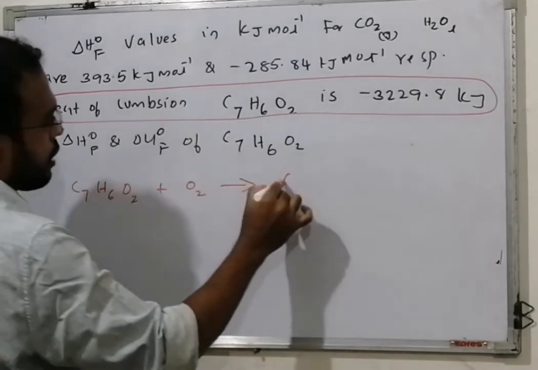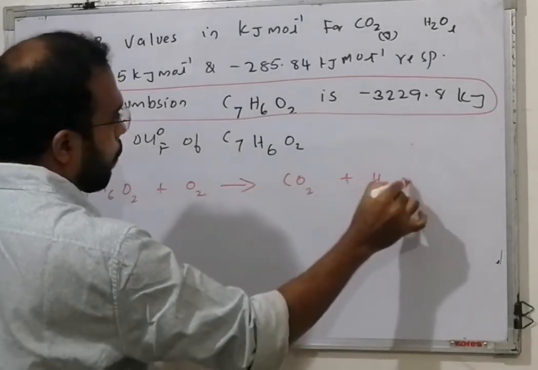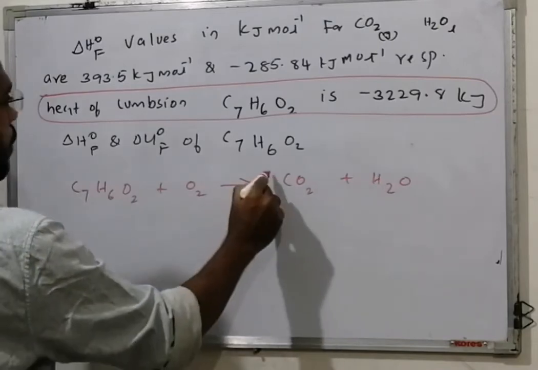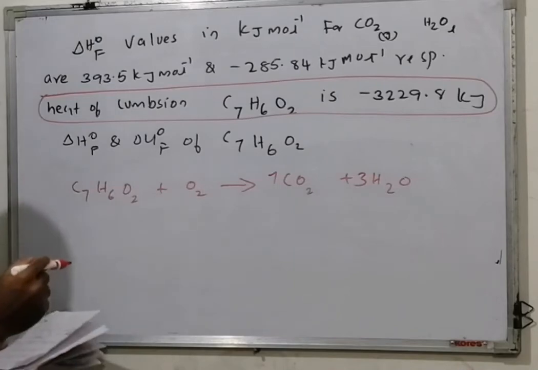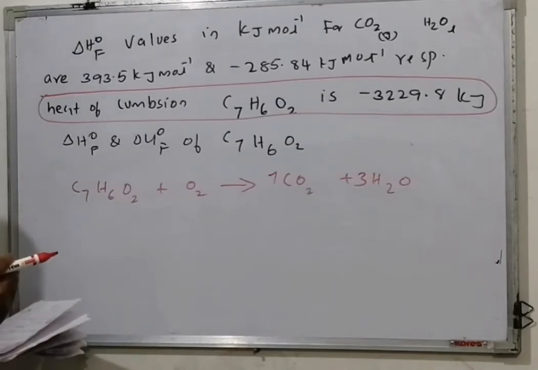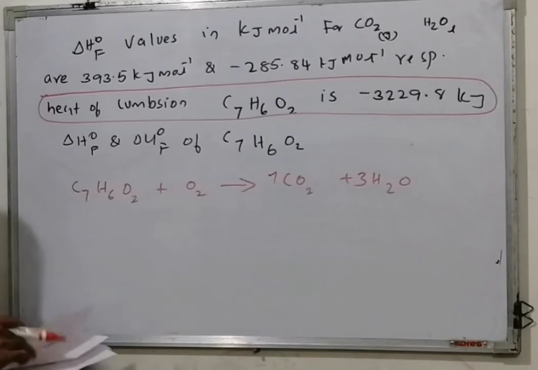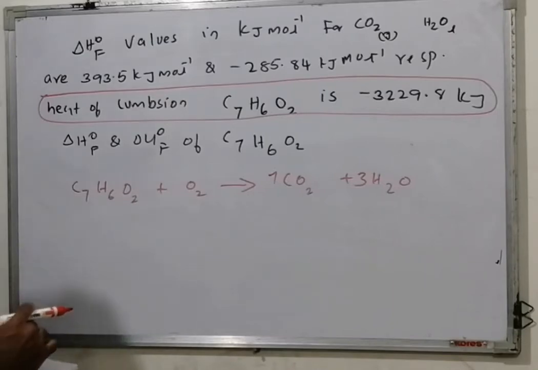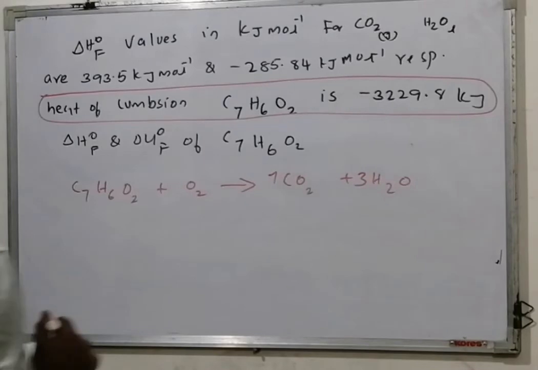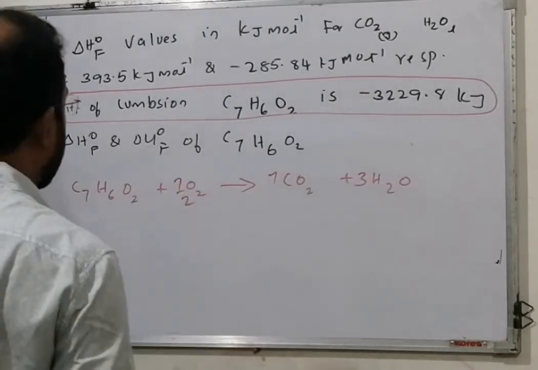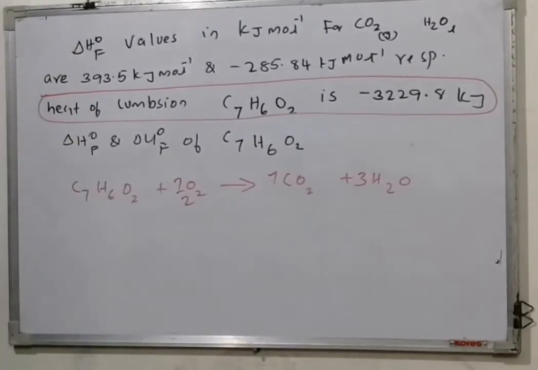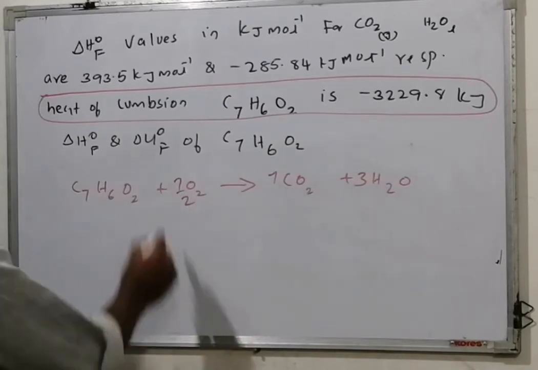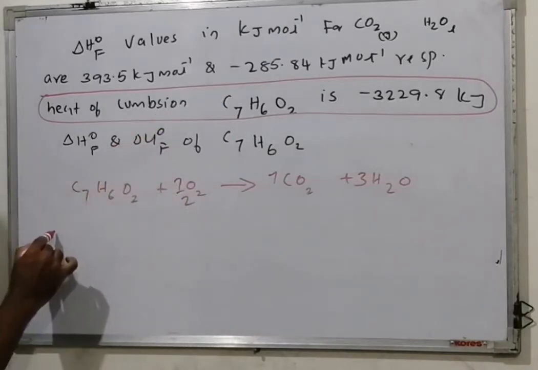When you combust, you will get carbon dioxide and water. 7 carbon dioxide and 3 water, and oxygen 7 by 2. Now, heat of combustion is given.